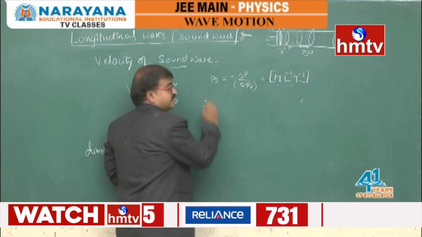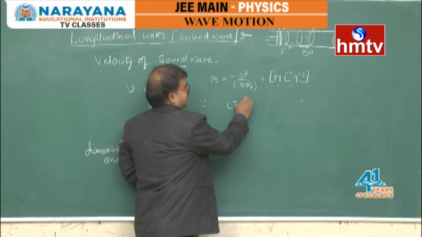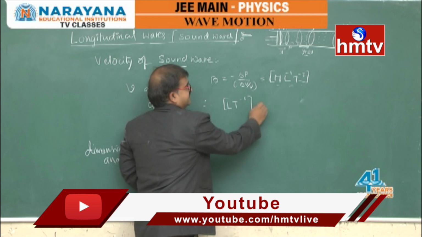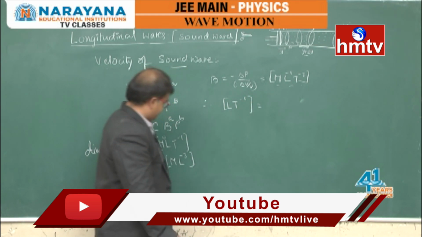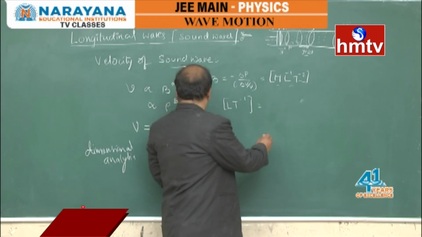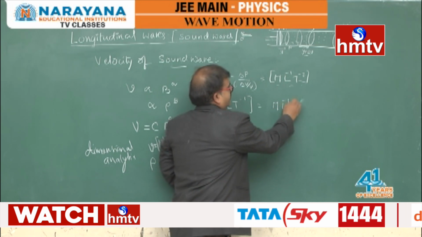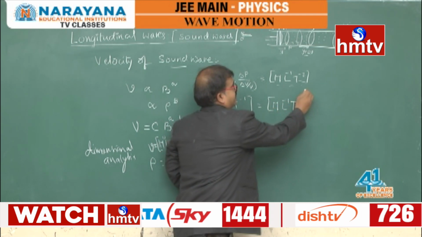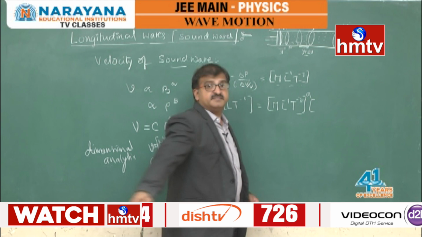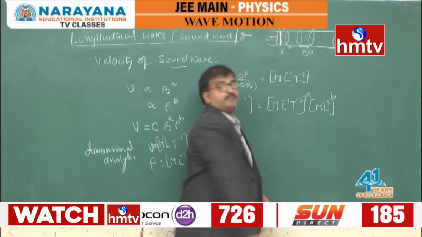So by using dimensional analysis, on the left hand side it is L T power minus 1, equals C, which will be a dimensionless constant, times M L power minus 1 T power minus 2 power a and M L power minus 3 power b.